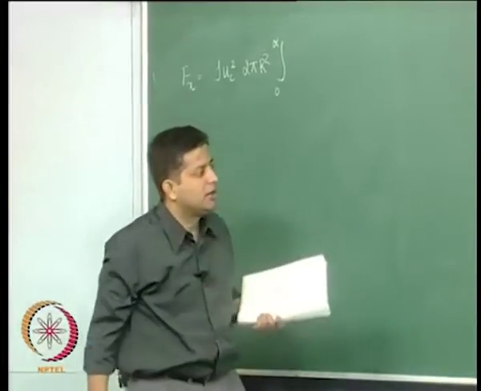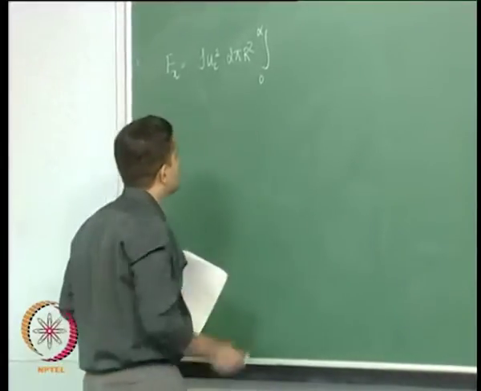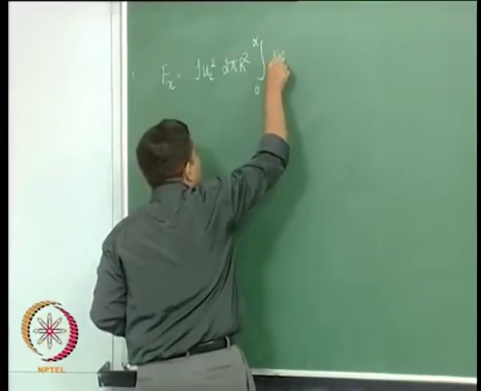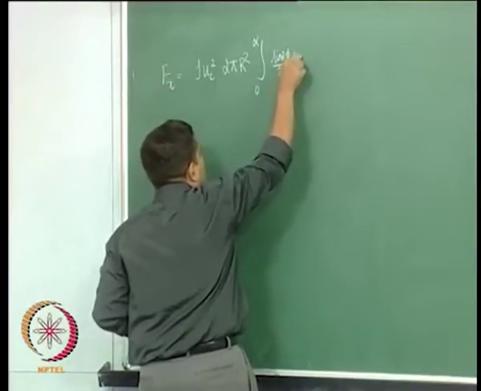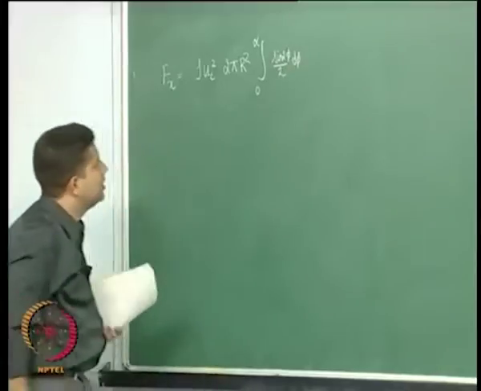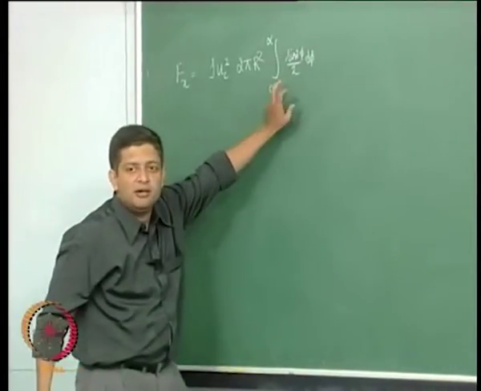Sin phi into cos phi is sin 2 phi by 2. So, now if we integrate this, what do you get?